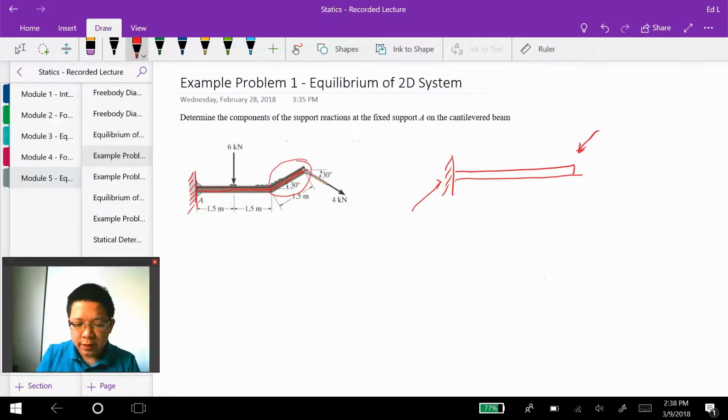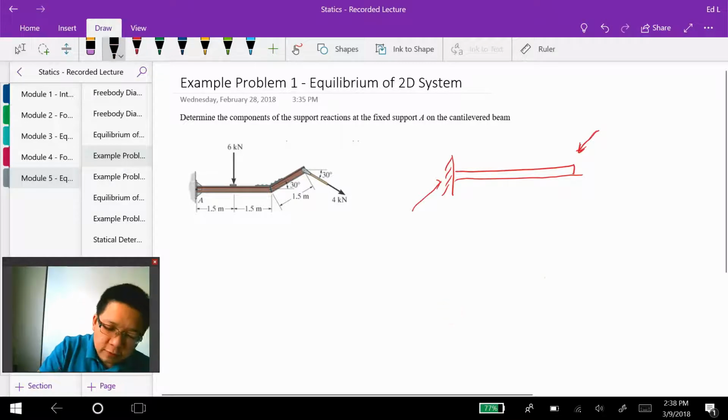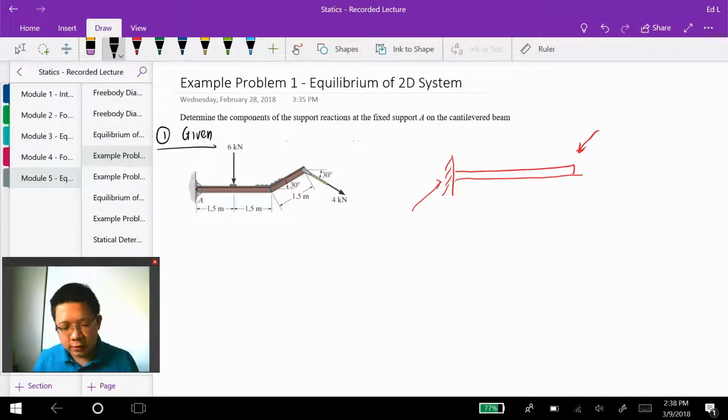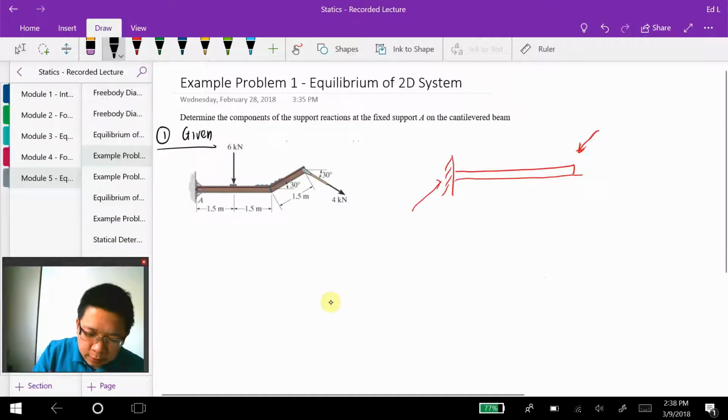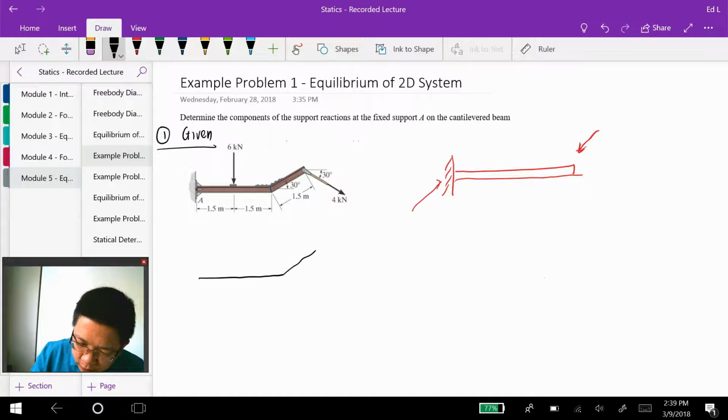Okay, right? So I think it's always a good idea, when you try to solve any statics problem, to sketch the free body diagram first. So I redraw the beam right here. And we know that for a fixed support, there are three possible reactions.